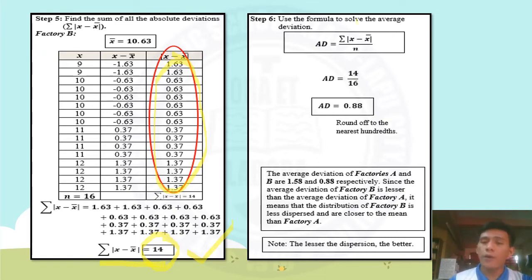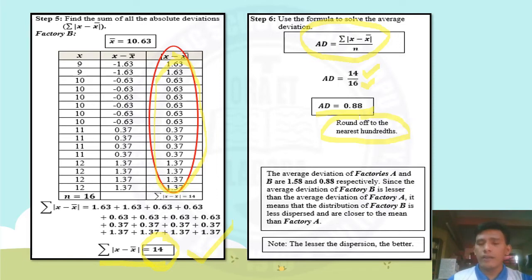Using this formula, we substitute all the values here. So that will be 14 for the summation of the absolute value of x minus the mean, and n is 16. So 14 divided by 16, that will be 0.88. We need to round off our answer to the nearest hundredths.